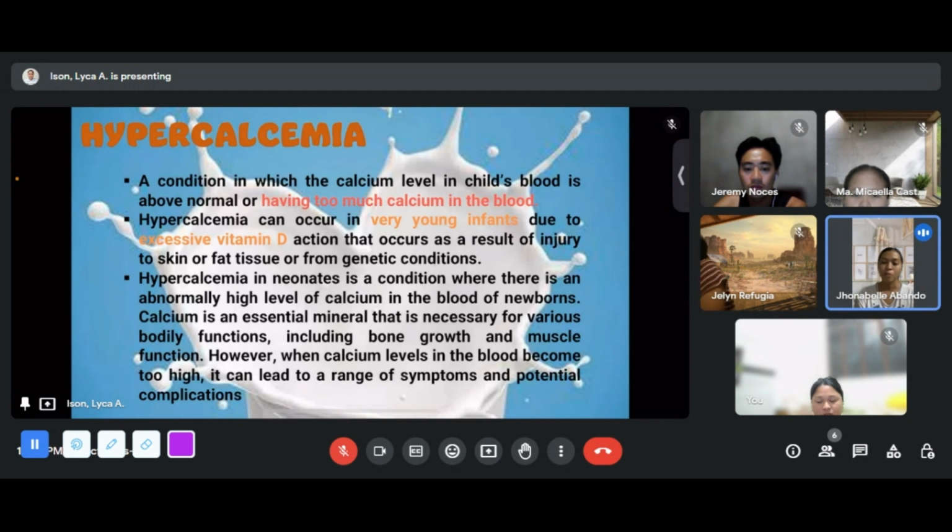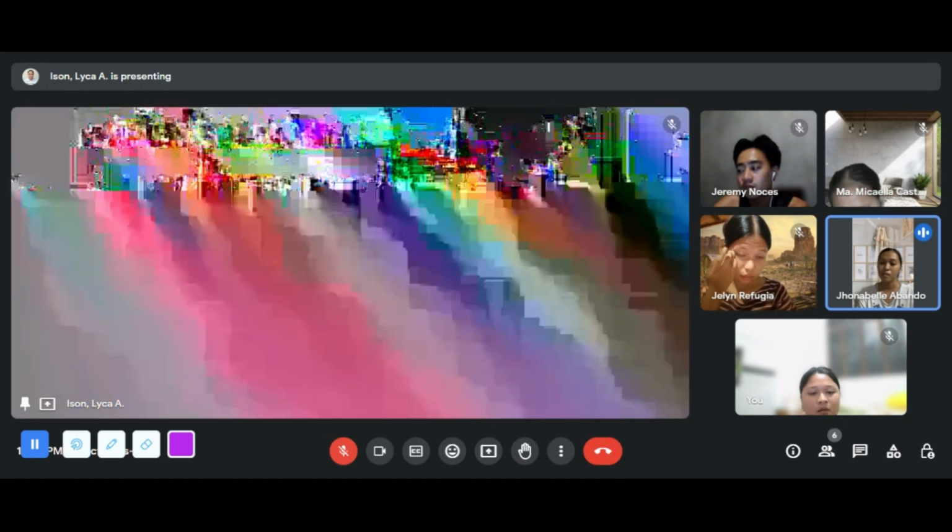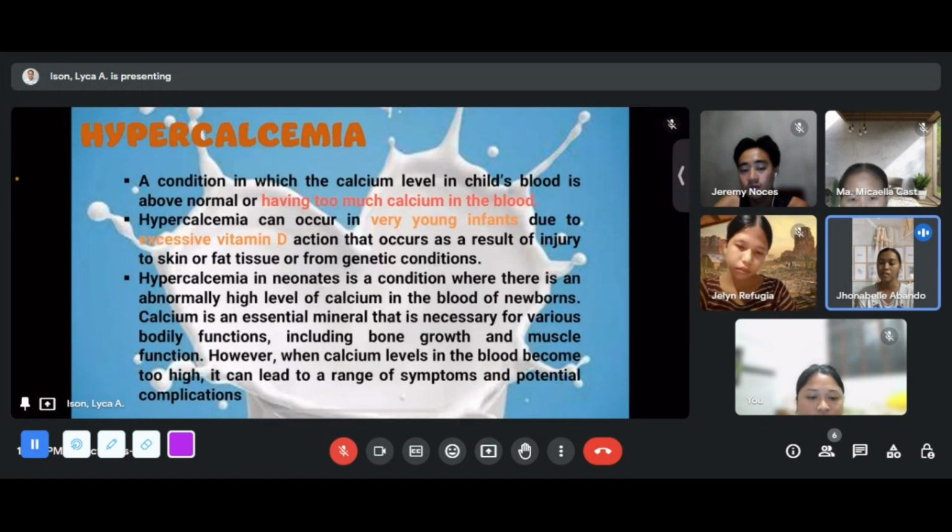So, it means kung mayroong damage sa balat o taba sa katawan ng baby, pwedeng makapasok ang sobrang daming vitamin D sa kanyang system. And maaari ding maging dahilan ang hypercalcemia kung mayroong genetic condition ang baby na nagpapataas ng kanyang sensitivity sa vitamin D.